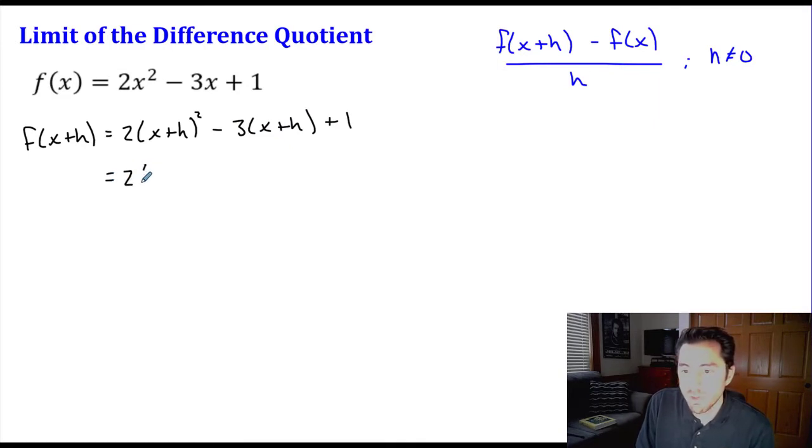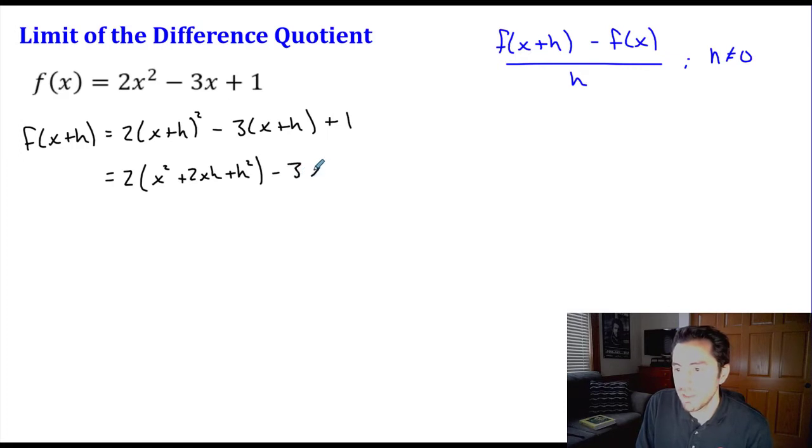The first term, x plus h squared, is a binomial squared, so that's the same as x plus h times x plus h. And if we multiply that out, we have x squared plus 2xh plus h squared. Binomial squares always follow this same sort of pattern.